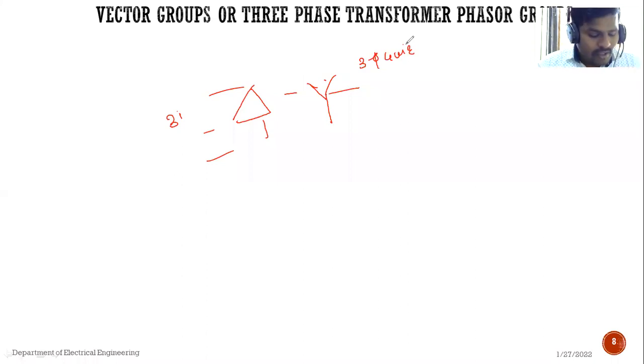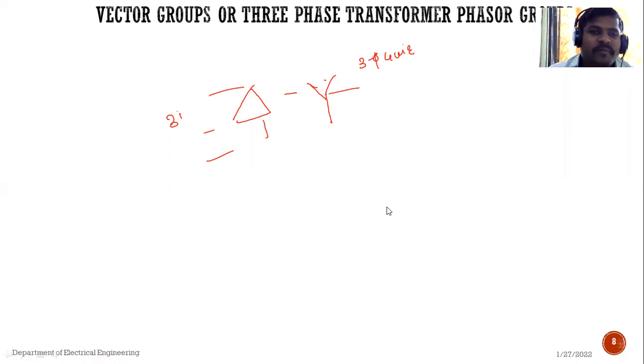Okay, now there are some groups in which a 3 phase transformer can be connected. काही ग्रुप मध्ये आपण ट्रान्सफॉर्मर कनेक्ट करू शकतो. सो दिस इज कॉल्ड ॲज वेक्टर ग्रुप, त्यालाच आपण वेक्टर ग्रुप म्हणतो.